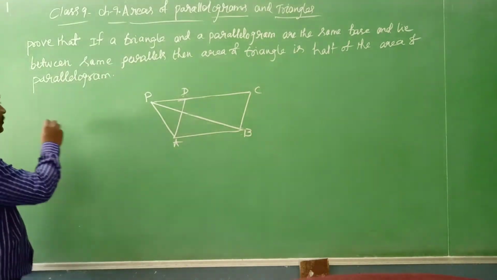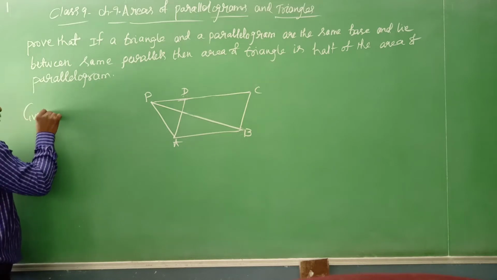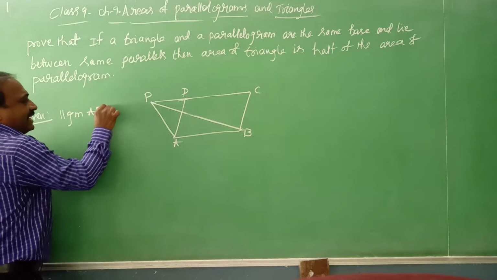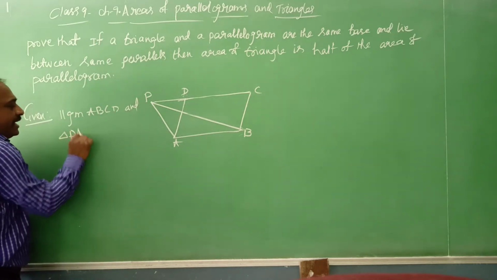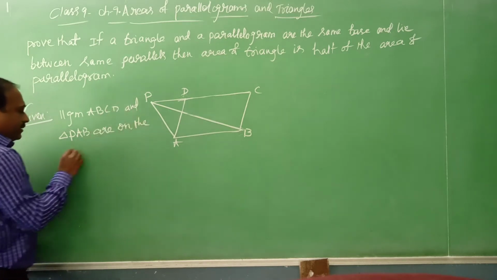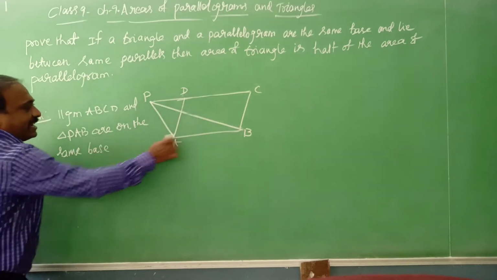So first, write the given. Parallelogram ABCD and triangle PAB are on the same base. What is the same base here?